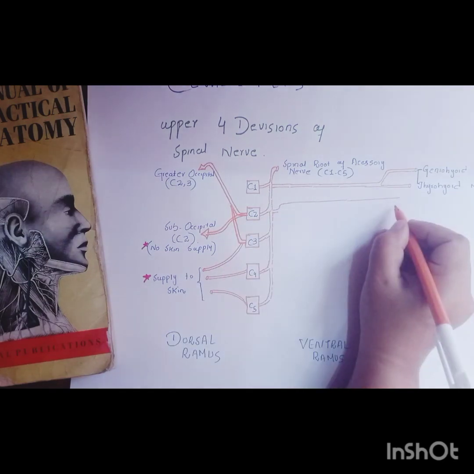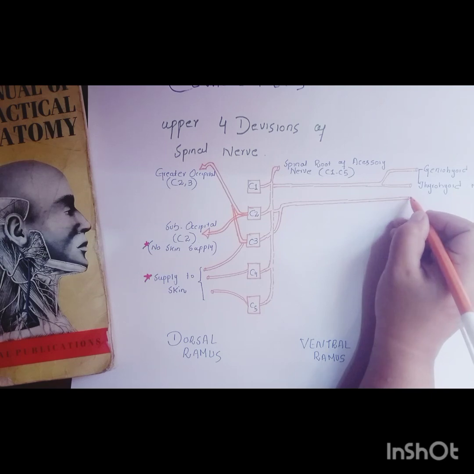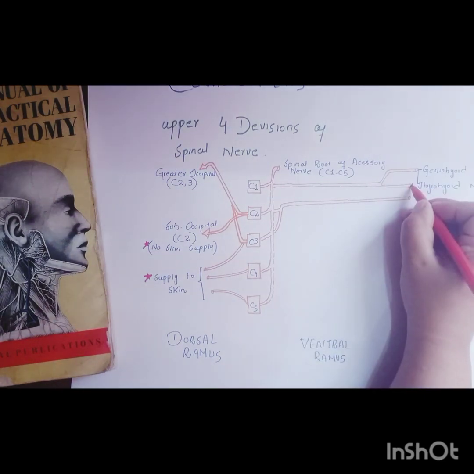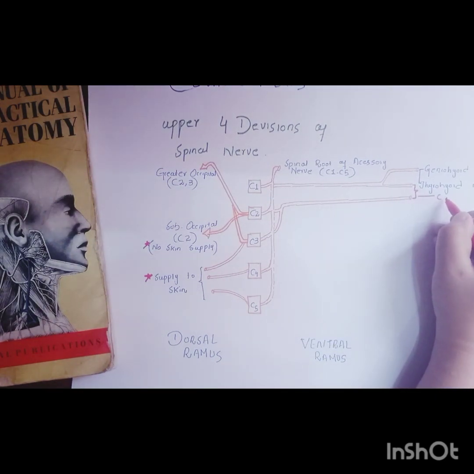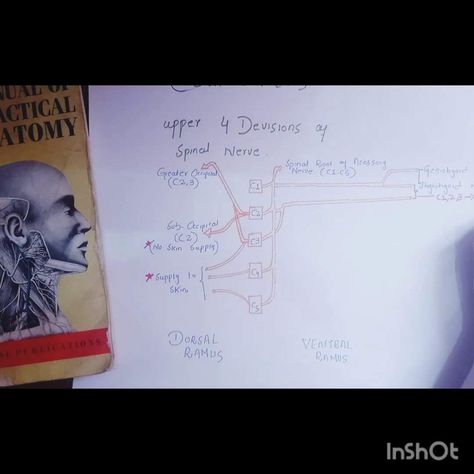And the lower part of the C1 nerve, along with C2 and C3, is specified to supply the superior and inferior branches of the ansa cervicalis.